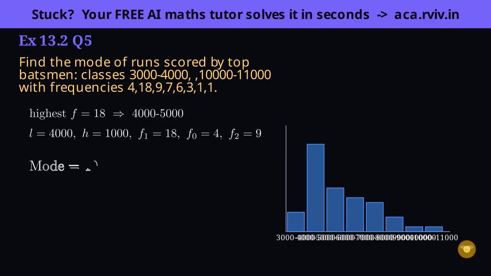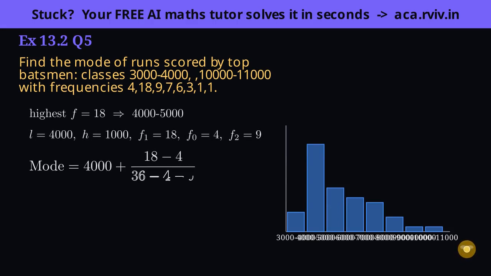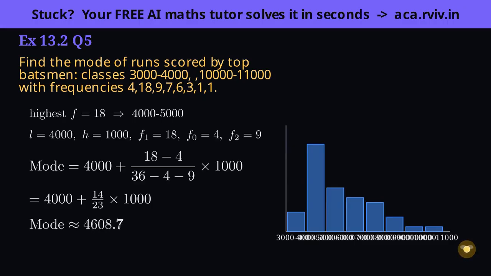Substitute. 18 minus 4 is 14, a big gap on the left, so expect a substantial step forward. That's 14/23 of the width 1000. 14 over 23 times 1000 is about 609, so the mode is roughly 4609 runs.